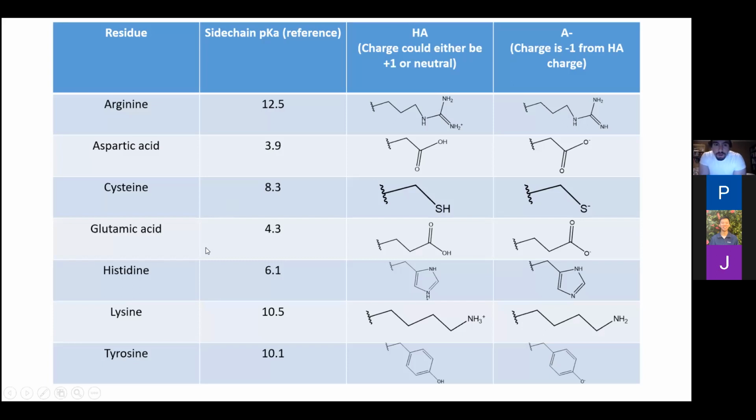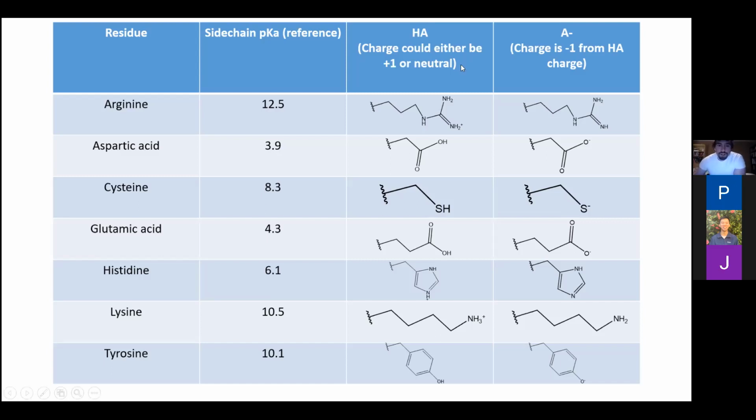So here's a chart I made with some of the common residues that can take different protonation states. These aren't the only ones. For example, serine is very important for nucleophilic attacks, but it has a pKa that's like 16, so I didn't include it.